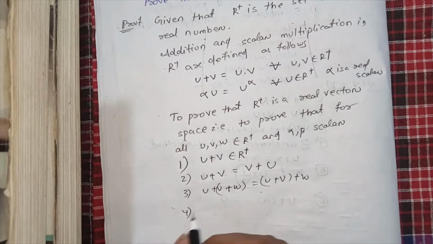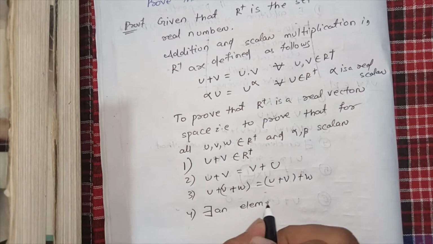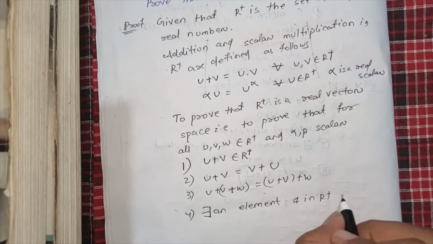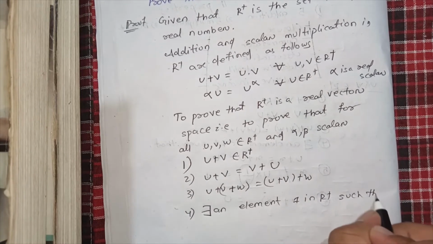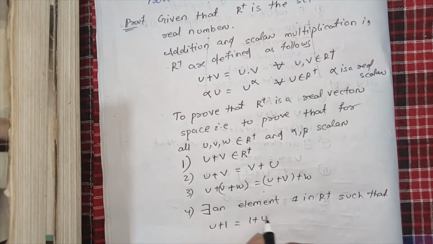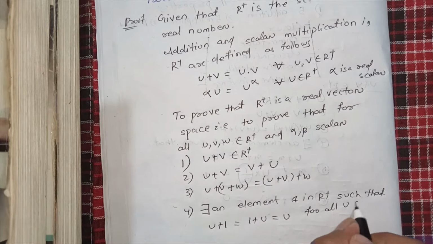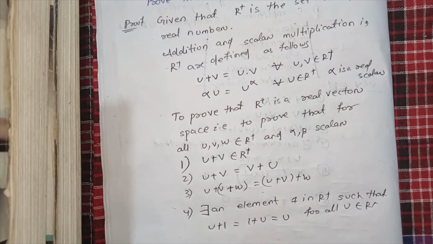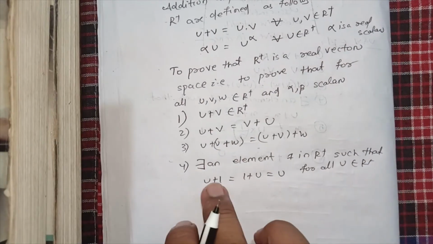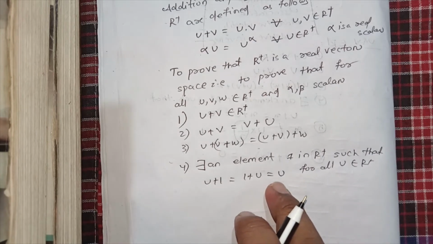The fourth one is, there exists an element 1 in R plus such that u plus 1 is equal to 1 plus u is equal to u for all u belonging to R plus. This 1 is not fixed, it can vary, meaning there is a number present such that if you add it with a number you will get the same number.